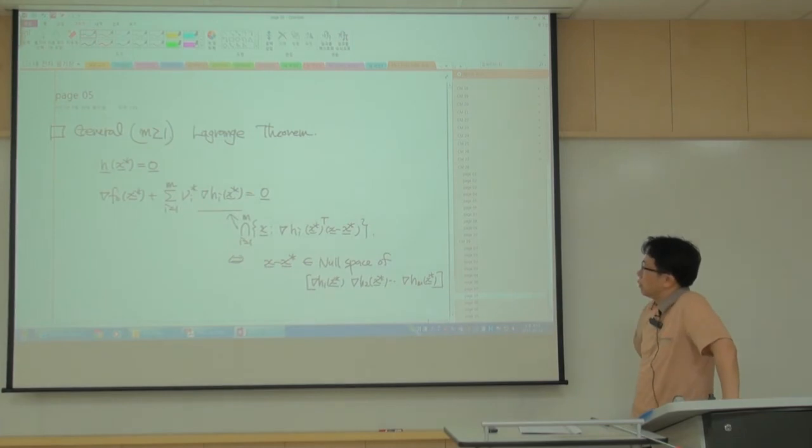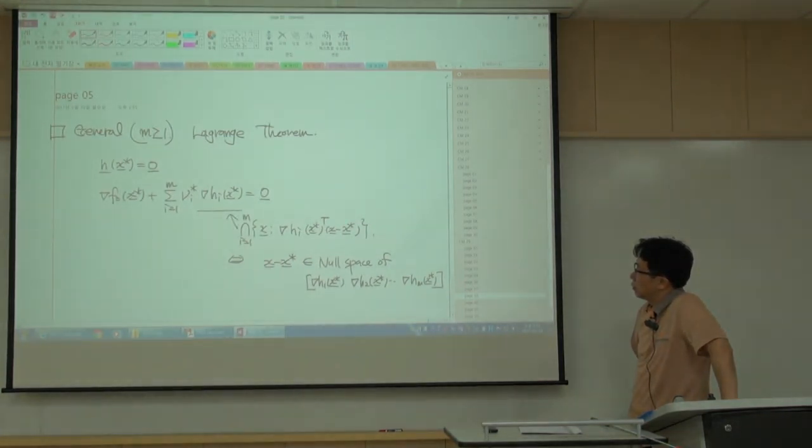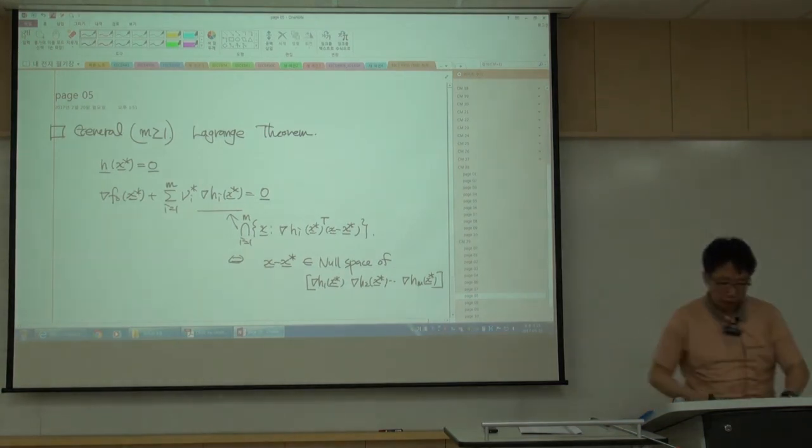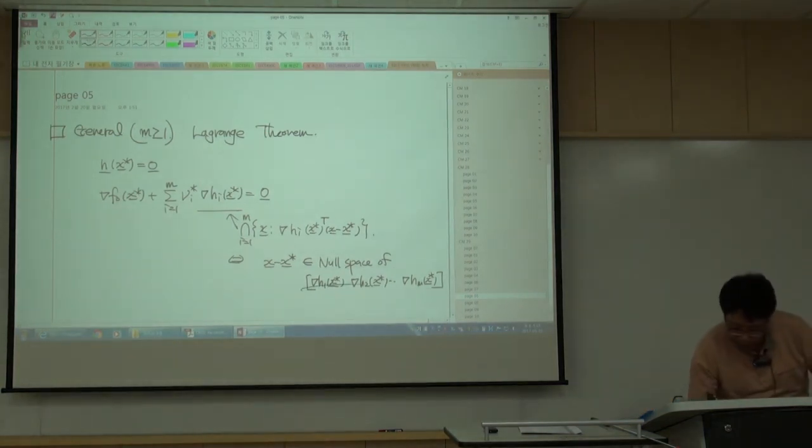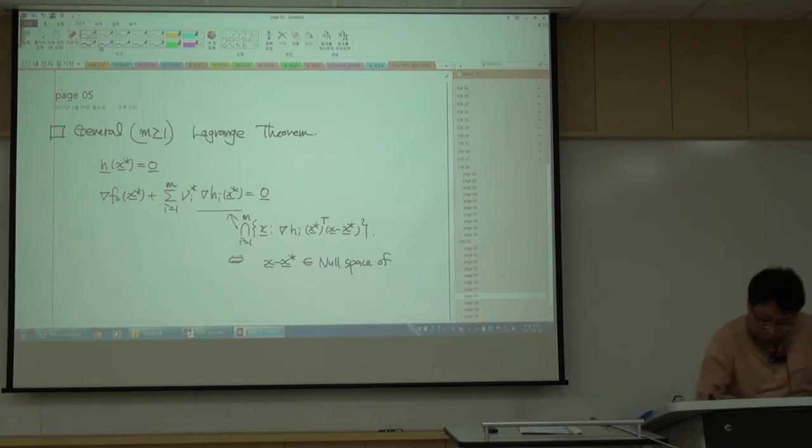Am I correct? No, I'm not correct. It is the null space of this matrix, with rows gradient of h1 x star transpose, up to gradient of hm x star transpose. Right?